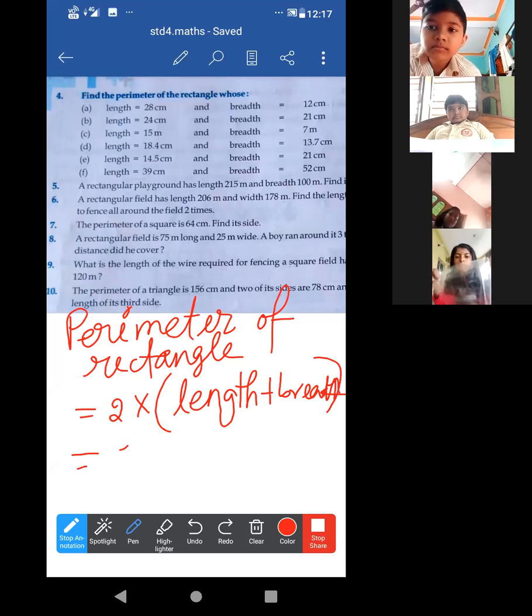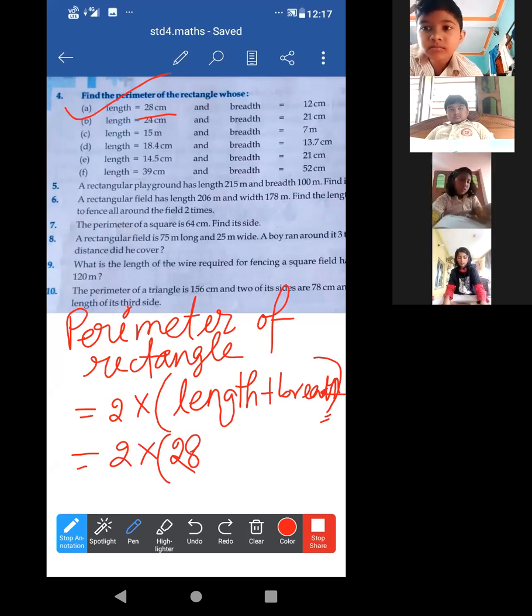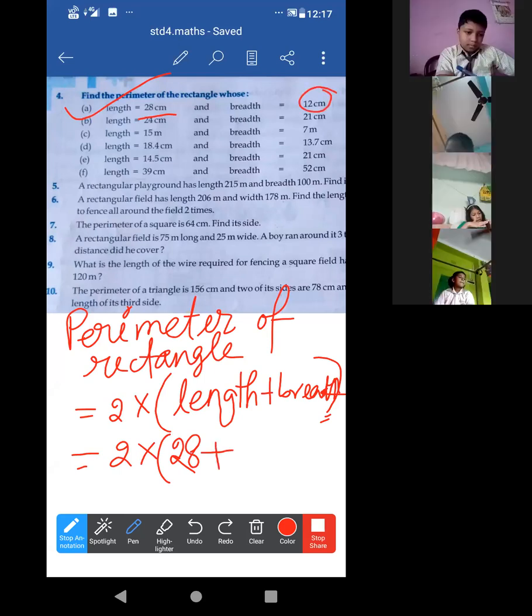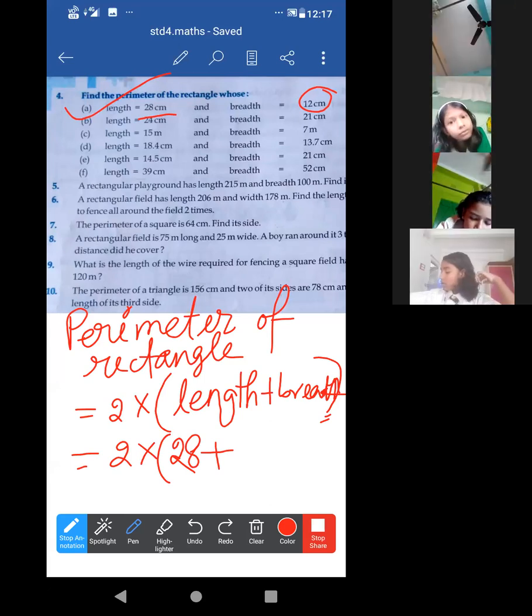That means what will be for the first one? A. Length is given 28. 2 into 28. You have to put the unit. I am just explaining, there is no space. 28 plus breadth. Breadth is what? 12. So 2 into 28 plus 12, by the formula.